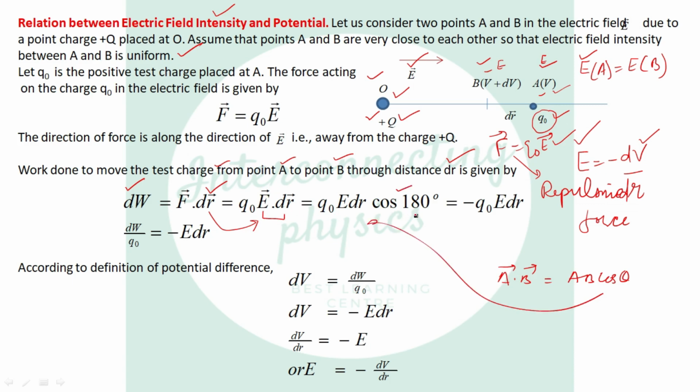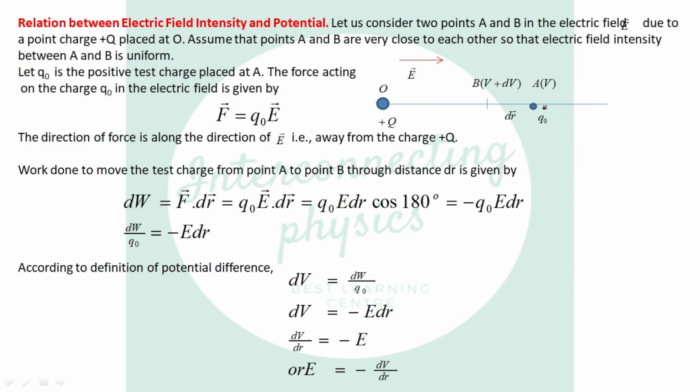Why cos 180 degrees? Because due to the electrostatic force of repulsion, this charge q naught is moving along the positive x-axis, that is in the direction of the electric field. But we have to displace this charge q naught towards the negative x-axis, that is towards the source charge.